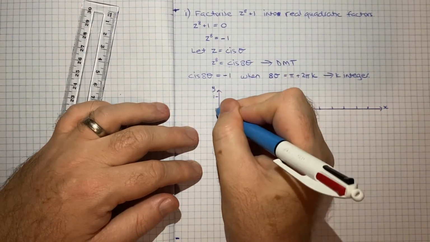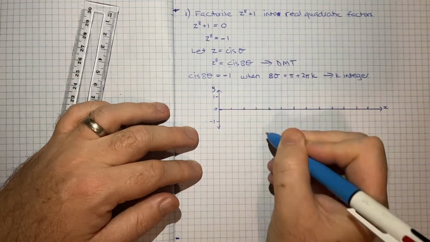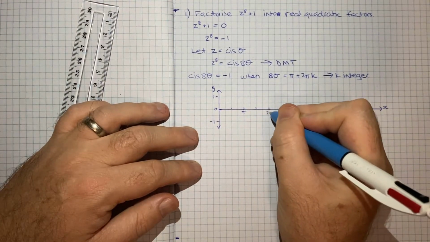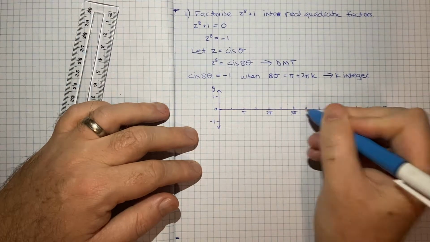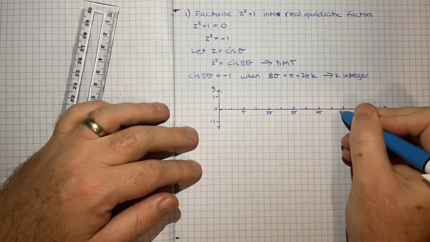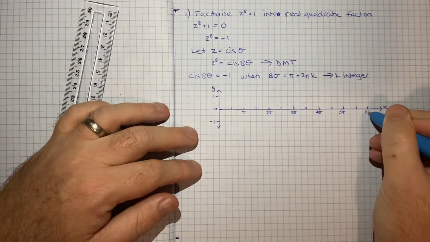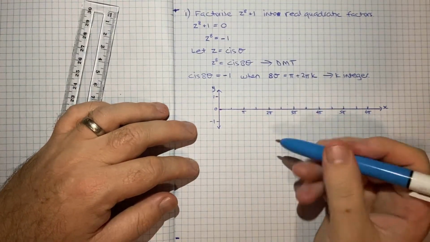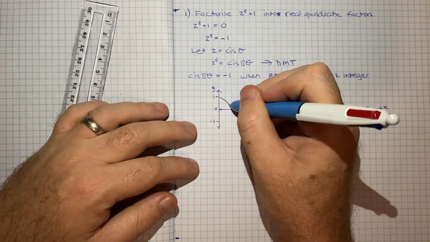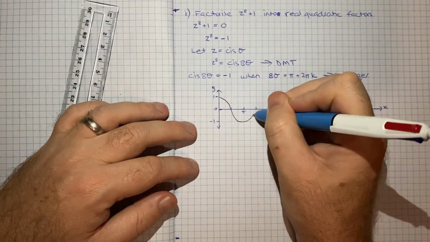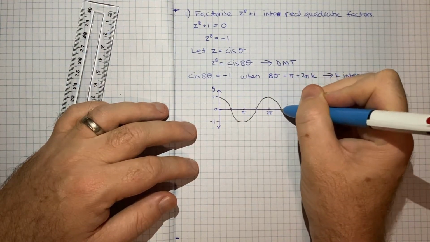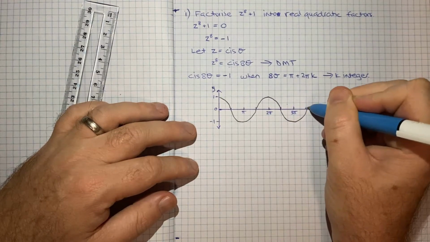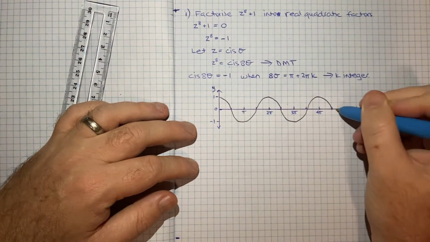I'll call this 1, 0, -1, and so we had pi, 2 pi, 3 pi, 4 pi, 5 pi, and 6 pi. I'll just maybe use some different colors. So let's draw the cos curve first. So we'd have the cos curve looking like this. And it's just periodic, so it loops around in the same pattern over and over.